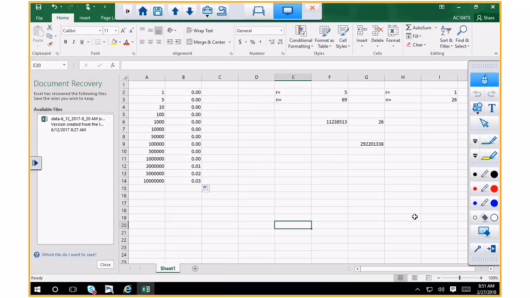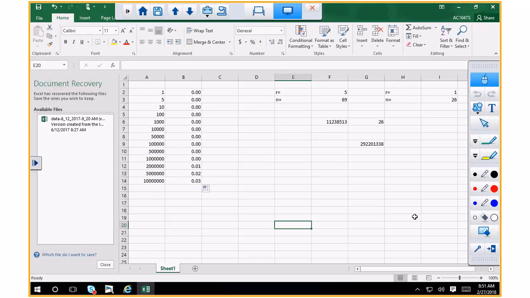Why would there be a difference between the probability and the probability of winning? The probability is just that big number there, that 292 million. But the probability of winning is assuming that you're going to buy what? One ticket, and then you have to put it 1 over 292 million.